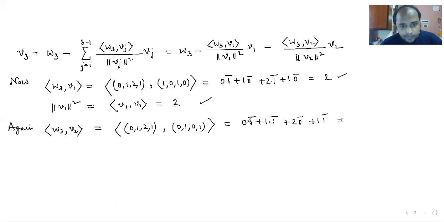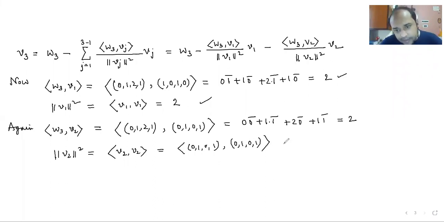So it is 2. Okay, and norm V2 square is the inner product of V2 and V2. V2 is 0, 1, 0, 1 and 0, 1, 0, 1. This is 0 into 0 bar plus 1 into 1 bar plus 0 into 0 bar plus 1 into 1 bar, which is 2. So this term and that term have also been found.